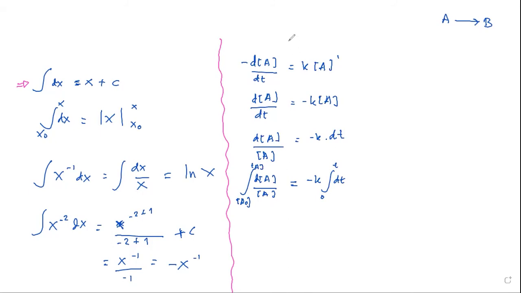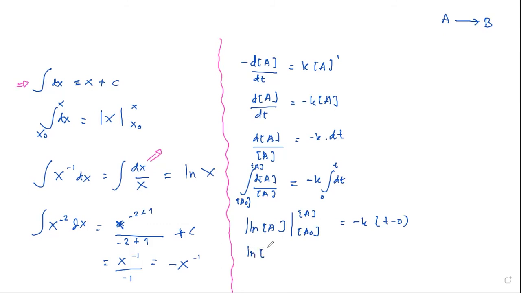Now let's see the integral rules once again. If we have dx over x, the integral is ln x, right? So we can use this rule to find that the integral of dA over A is equal to ln A. And then this is the same as negative k times t minus 0.